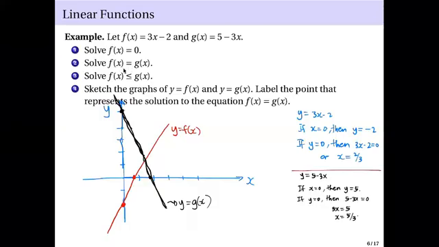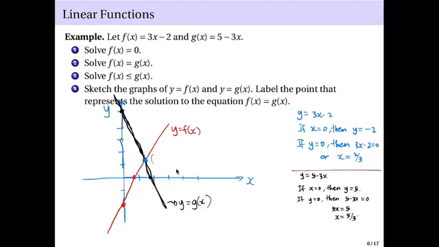Now, we look at this. Label the point that represents the solution to the equation f of x equals g of x. So graphically, the solution to this is the point of intersection of the two lines. So the point of intersection is somewhere here.